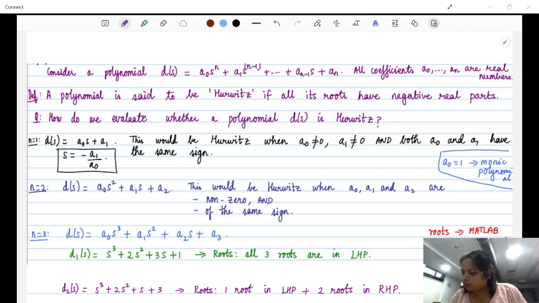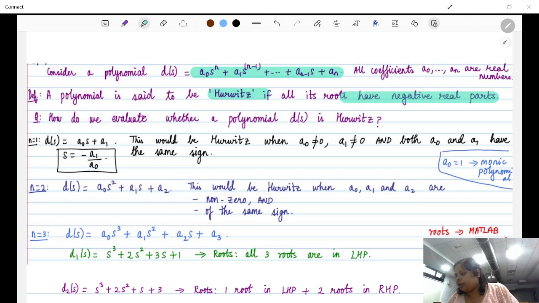It was made clear that if the polynomial has some coefficients for all powers of s, then what essentially is a Hurwitz polynomial? A polynomial is said to be Hurwitz if all its roots have negative real parts.